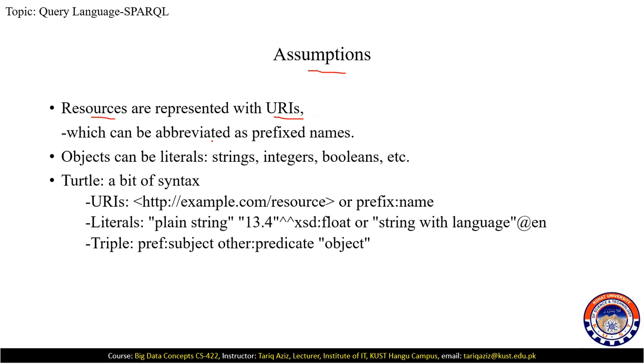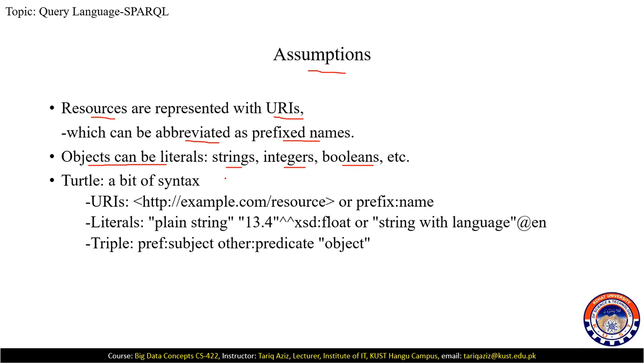And these resources can be abbreviated as prefixed names. So, what about the objects then? The objects can be literals, and these can be strings, integers, booleans, etc.